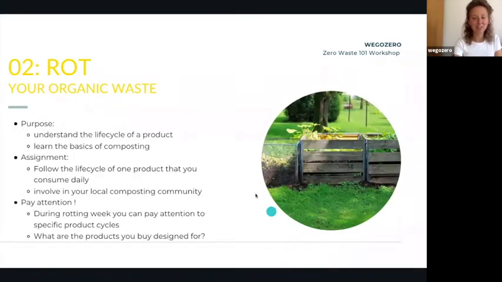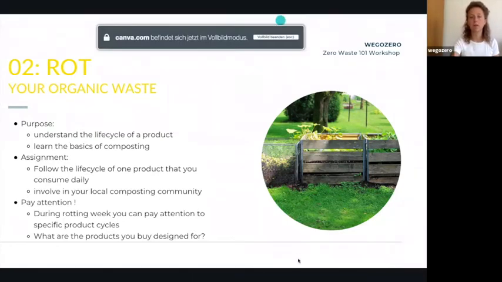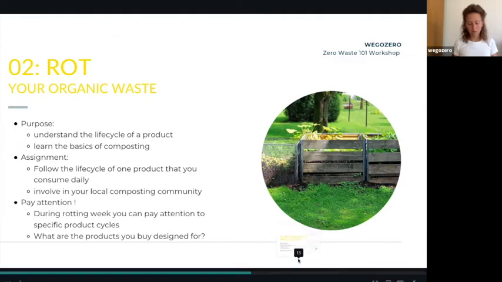Okay, and last but not least, my favorite topic, rotting. So what remains after refusing, reducing, reusing, and recycling is rotting your organic waste. And this is where it all comes together. The purpose of rotting and composting is to understand the life cycle of a product. Once you start composting, you will see how organic waste turns back into soil or soil amendment.